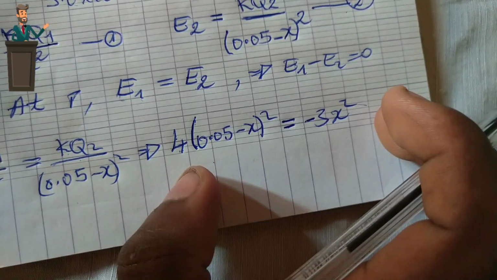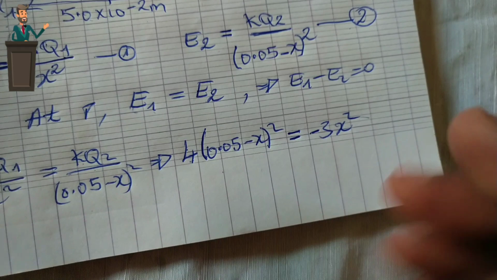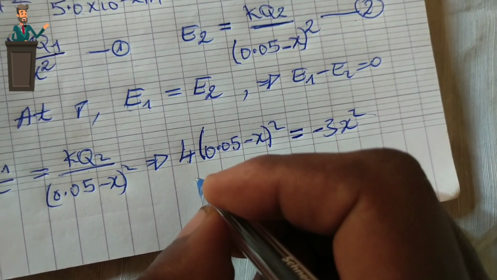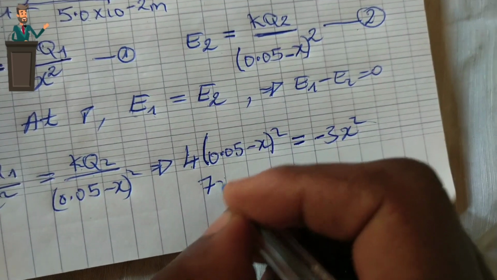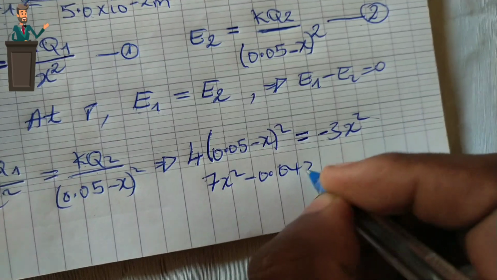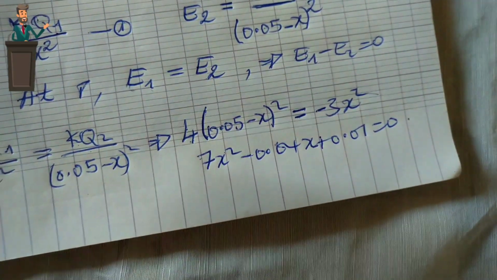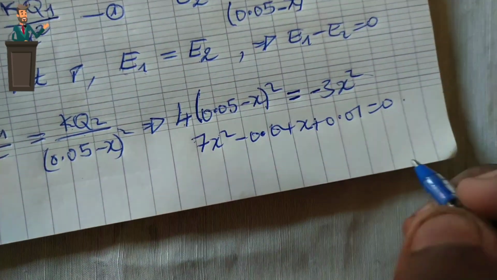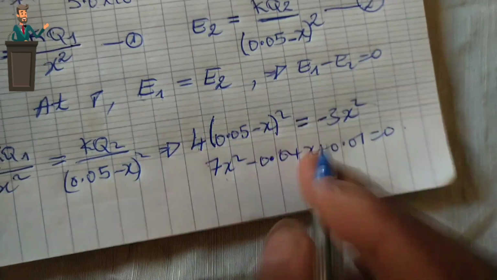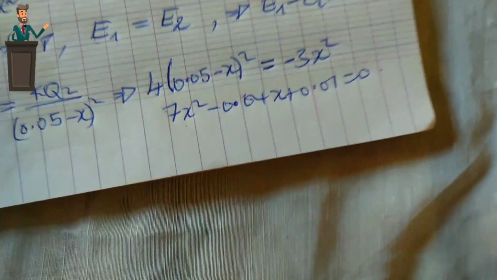When we begin to solve for x in this equation, we are going to end up with the quadratic equation 7x squared minus 0.04x plus 0.01 equal to 0. Now we are required to solve this quadratic equation for x. How can we solve this quadratic equation? We can do this by the formula method.